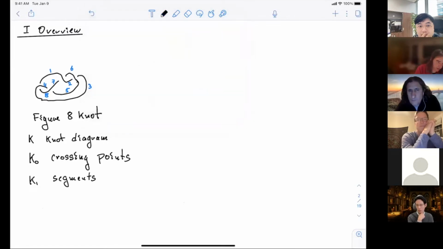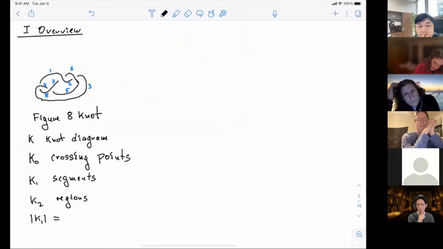And then we'll have regions, which I denote by K2. And then you can convince yourself that the number of segments is twice the number of crossing points, and the number of regions is the number of crossing points plus 2.